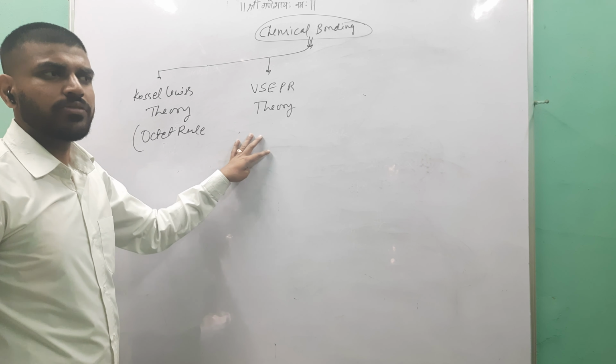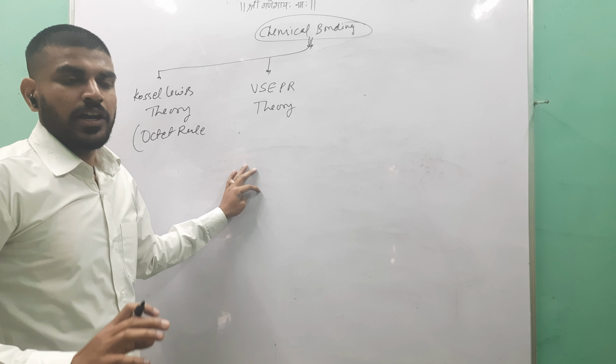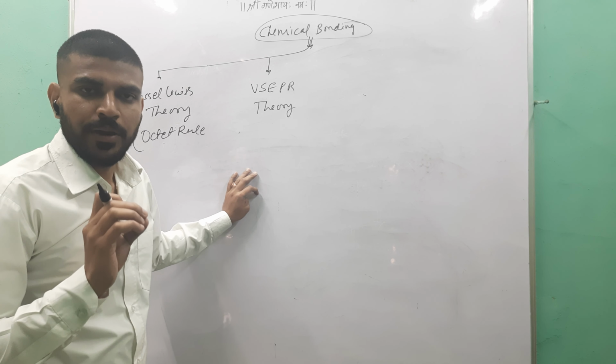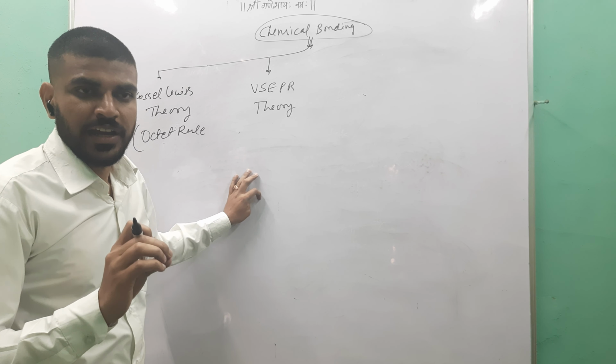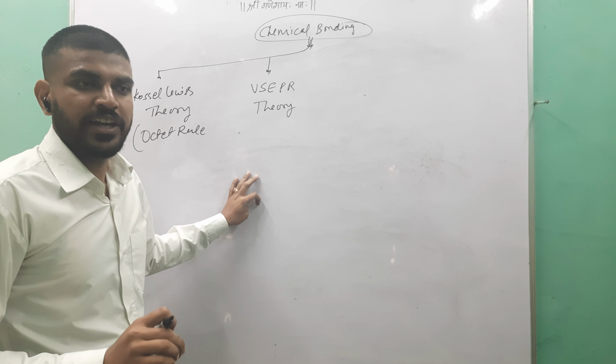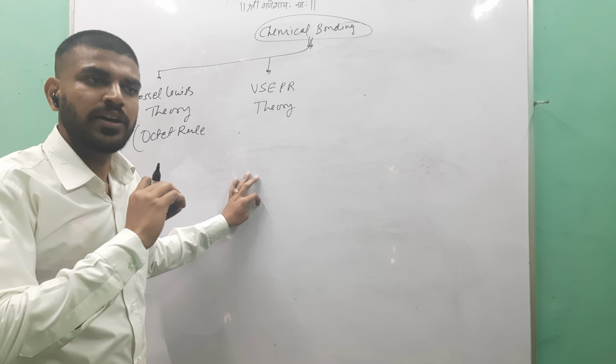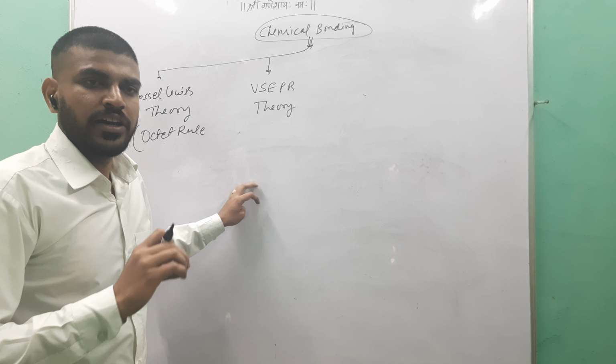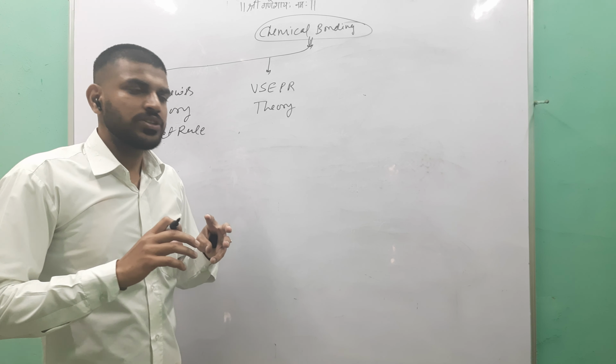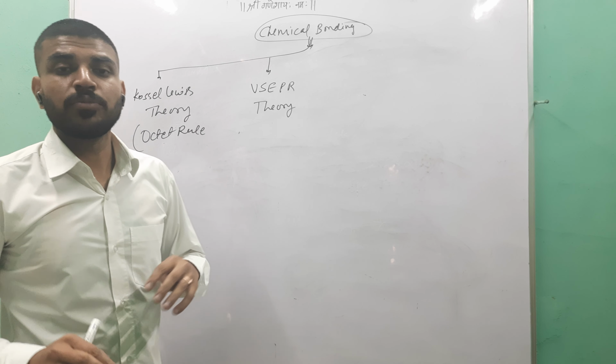This theory explains the lone pairs in a compound and their repulsions, which change molecular structures.